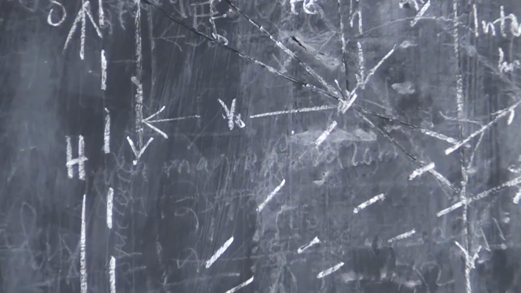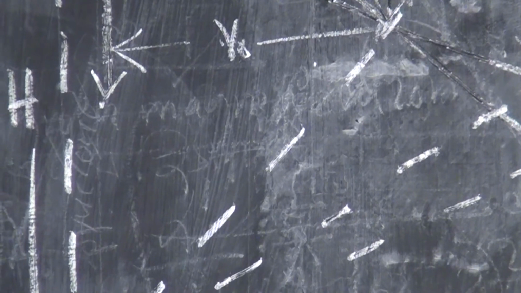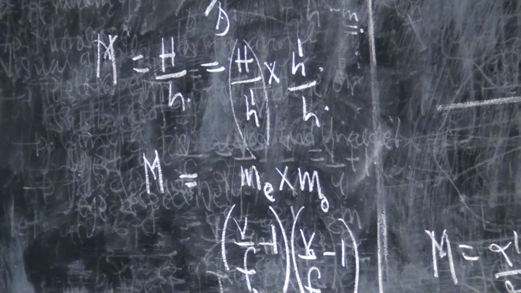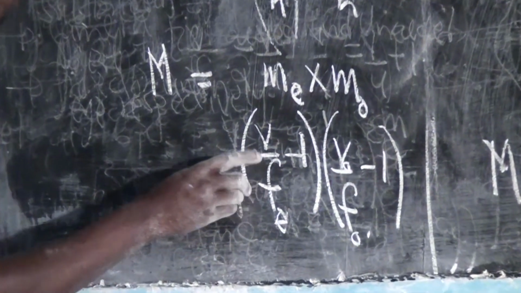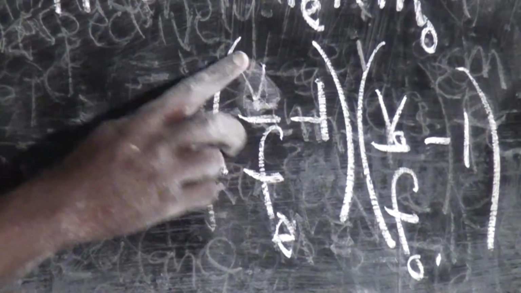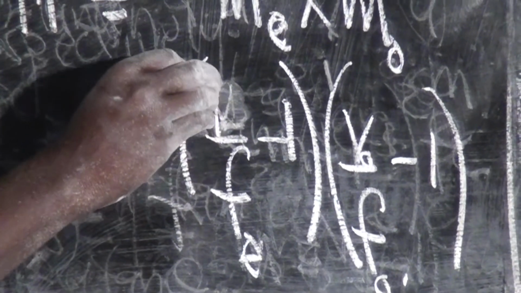So instead of writing V for M_E, I will just write D. If you can see from the diagram, it is actually D. So instead of talking about V, I want to talk about D.